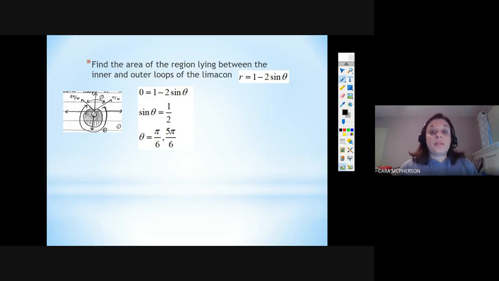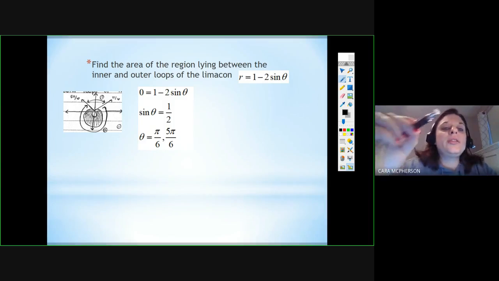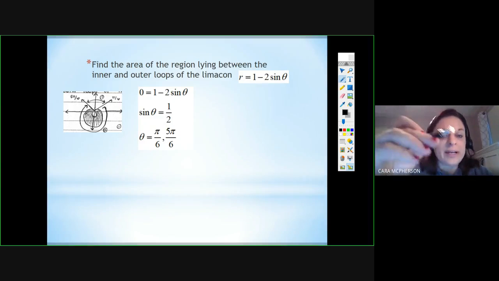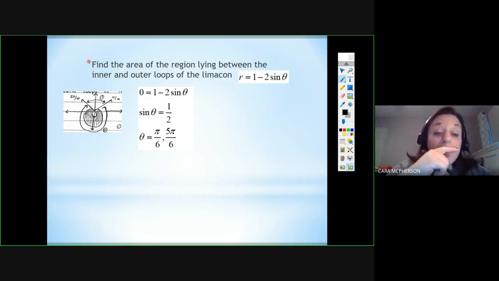So let me explain what the boundaries are going to do here. I have a little bit labeled in the picture, but I'm going to write on a little bit more so you can understand what's happening. This one to me needed the most explanation on my part. If you were to graph this on your calculator, and the really nice thing about having a calculator close by is you can use it as a tool to mess around with these pictures.